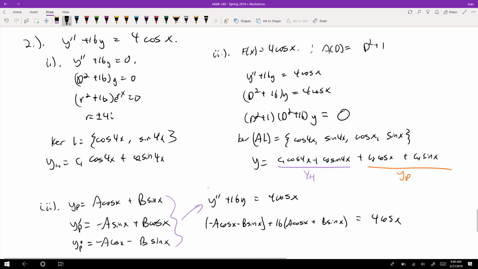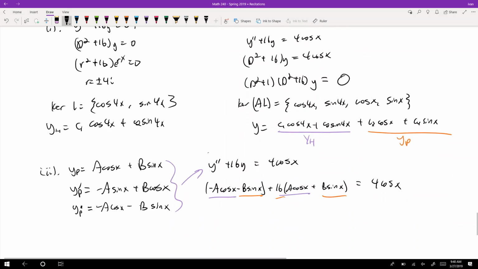Simplifying, you have 16a cosine x and negative a cosine x, and then negative b sine x and 16b sine x. They just add up, and you should get 15a cosine x plus 15b sine x is equal to 4 cosine x.